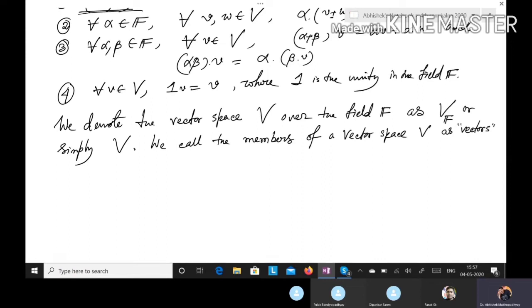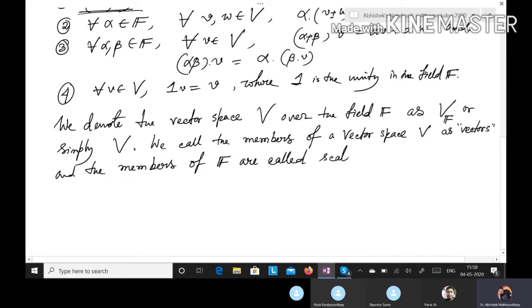And the members of the field F we call scalars, as long as the vector space is concerned, that is, when we are discussing some vector space over the field F.